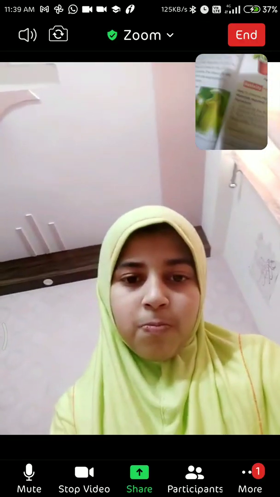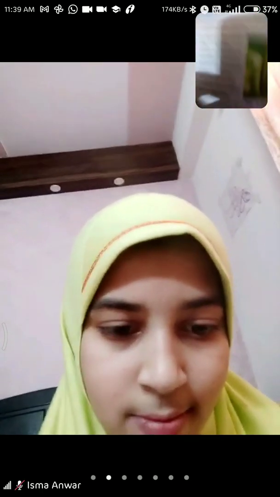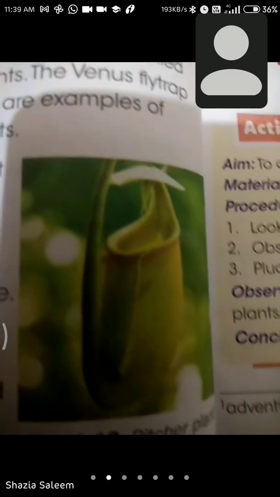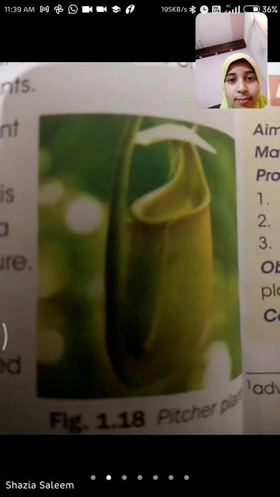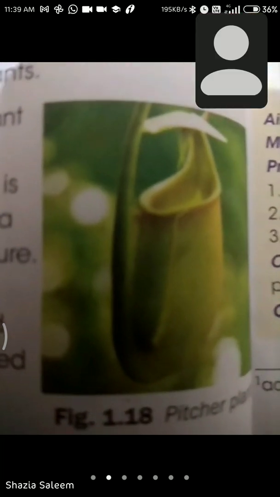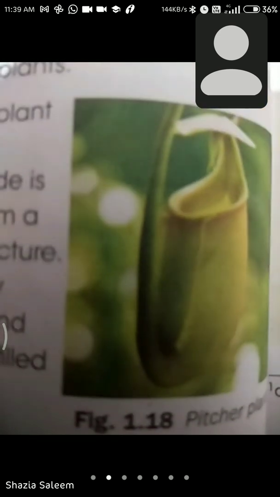This is the pitcher-like structure where the leaf is modified into a pitcher. Whenever insects sit on the mouth or rim of this pitcher, it closes and pushes the insect inside.